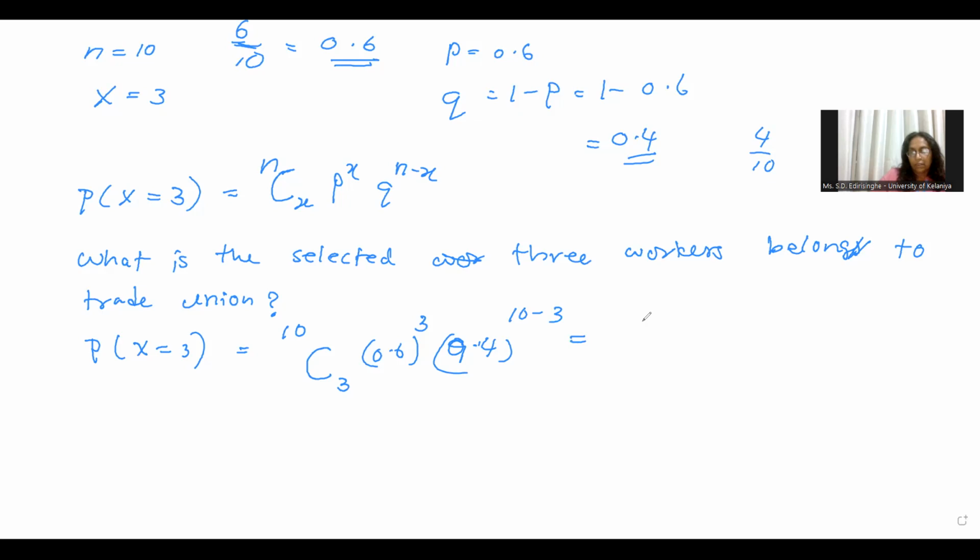So that means we know how we can simplify nCr. I have told you nCr equals n factorial over r factorial times n minus r factorial.